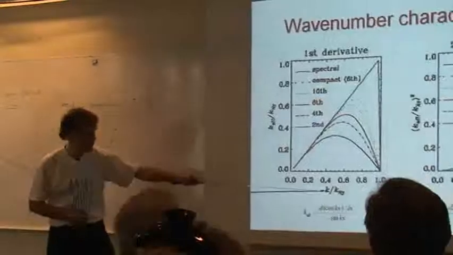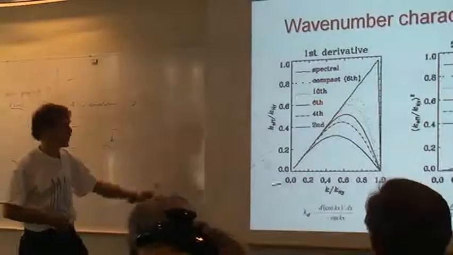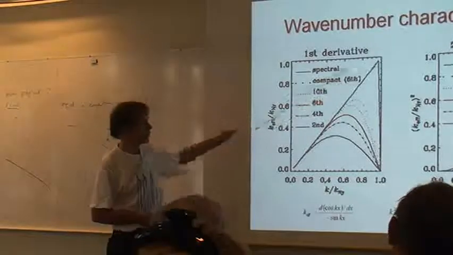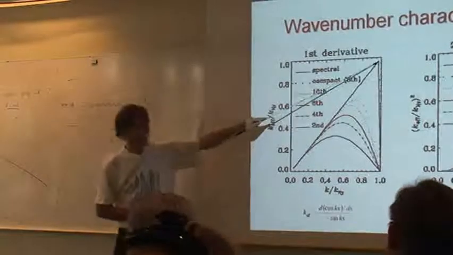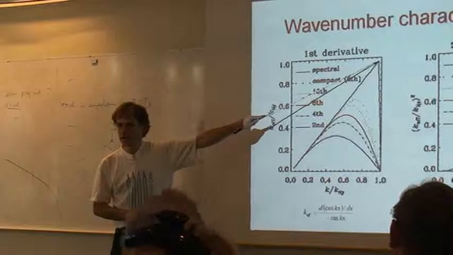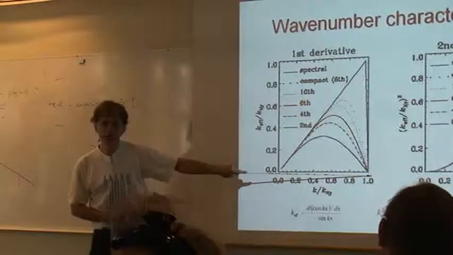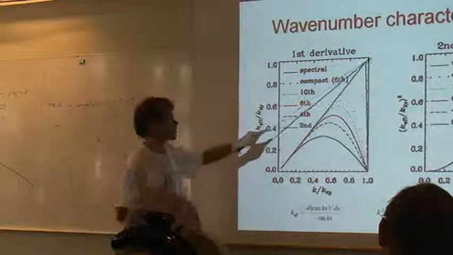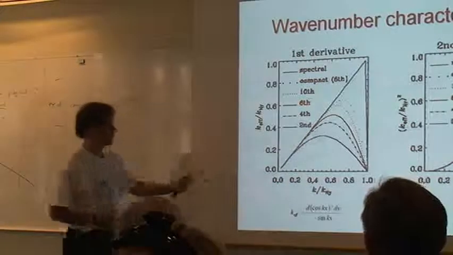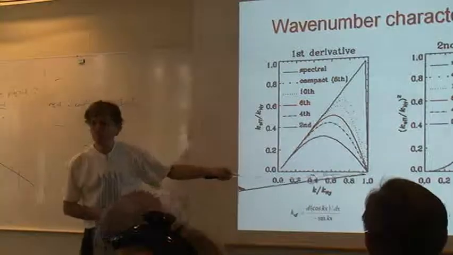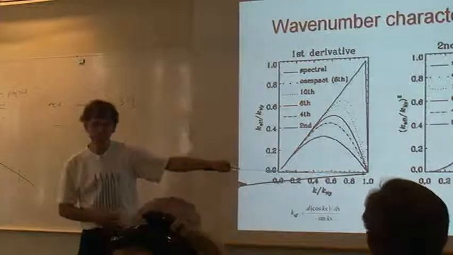So as you increase the actual wave number, the effective wave number increases linearly up until a certain point. And even if you do a spectral method, it increases linearly to the very last point, except the last point. And at the last point, you have an infinite discretization error, because the correct answer is 1 in Nyquist units, but the numerical answer will be 0, even if you do a Fourier transform method.